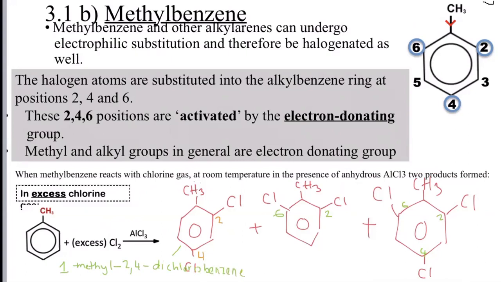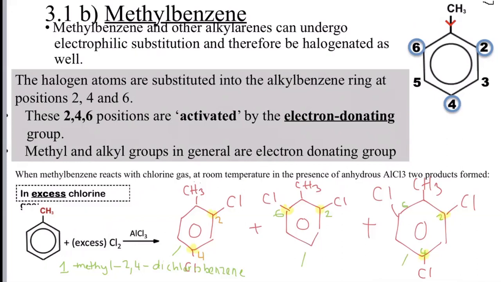Hope you can see. Okay, this is called 1-methyl-2,6-dichlorobenzene. This is called 1-methyl-2,4,6-trichlorobenzene. Okay, let me just highlight that because I like to play with the highlighter.